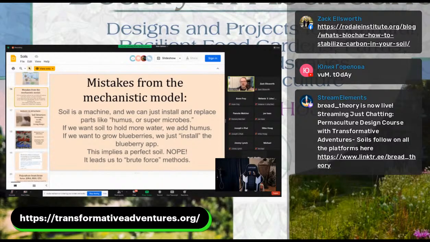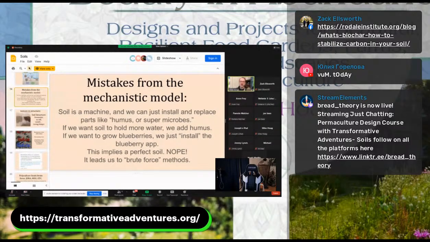So if we change our whole system's approach to make a soil system where the blueberries are going to thrive, it's a very different approach. You'll notice the mechanistic view implies there's a perfect soil, right? It implies that the soil machine just is lacking certain parts, and if we can put in the right parts, we'll have the perfect soil for our garden.